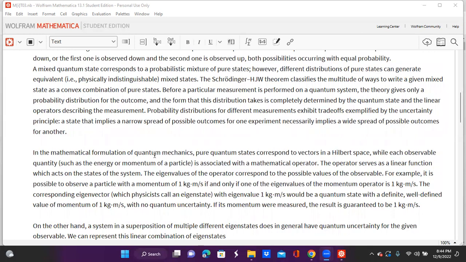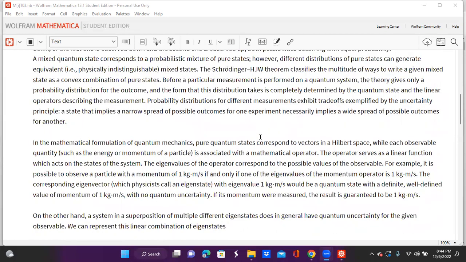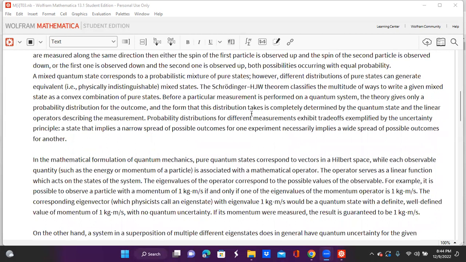Probability distributions for different measurements exhibit trade-offs exemplified by the uncertainty principle: a state that implies a narrow spread of possible outcomes for one experiment necessarily implies a widespread of possible outcomes for another.